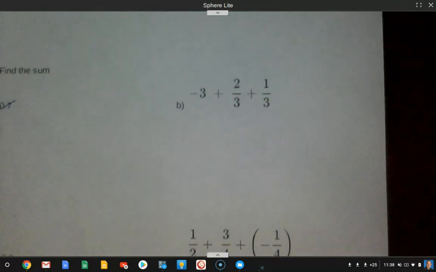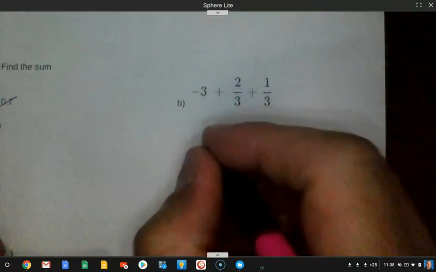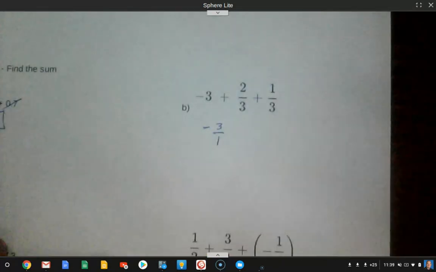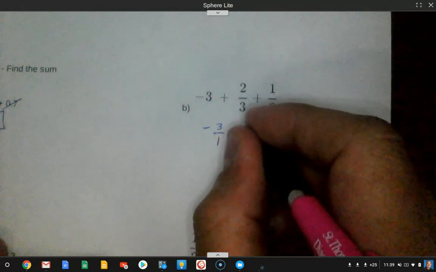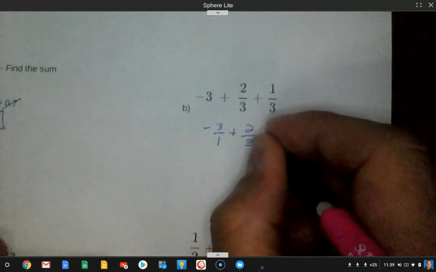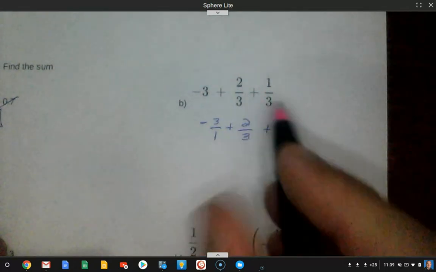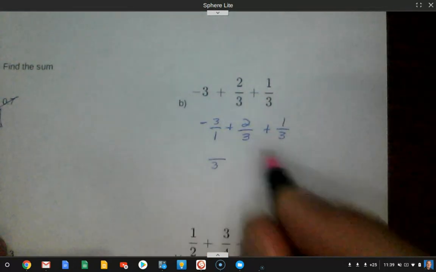On letter B, remember, anytime we do fractions, we've got to have a common denominator. So negative 3 can be written as negative 3 over 1, plus 2 over 3, plus 1 over 3. If we get a common denominator, I can say 3.